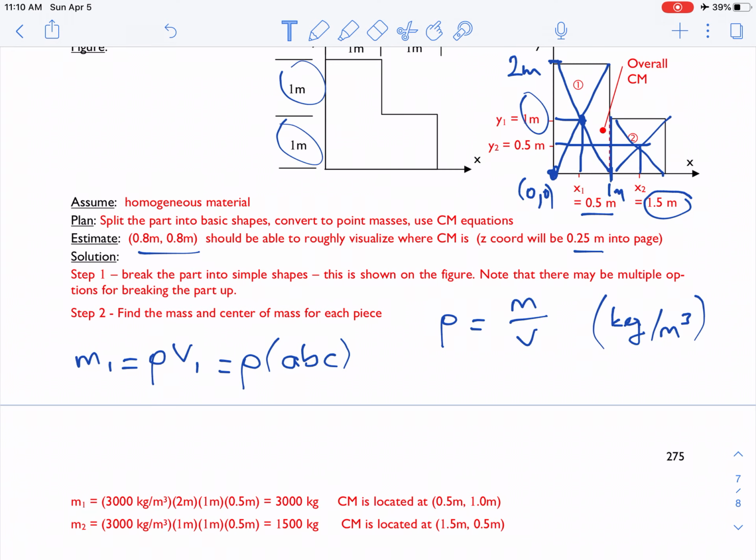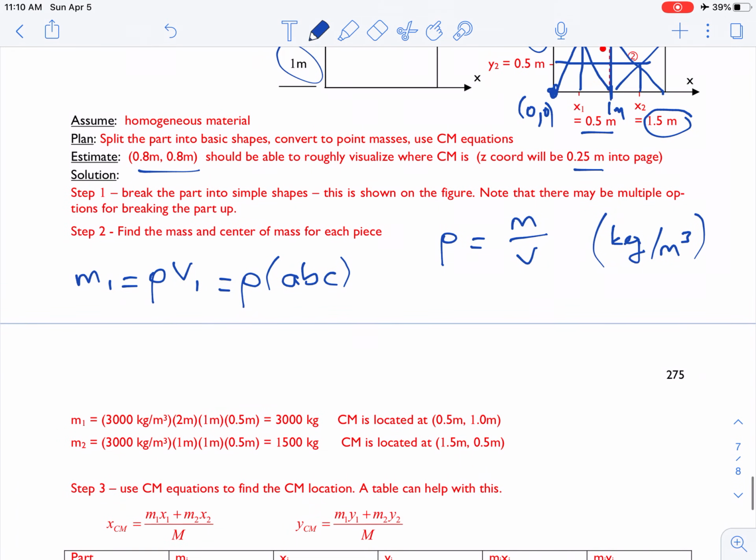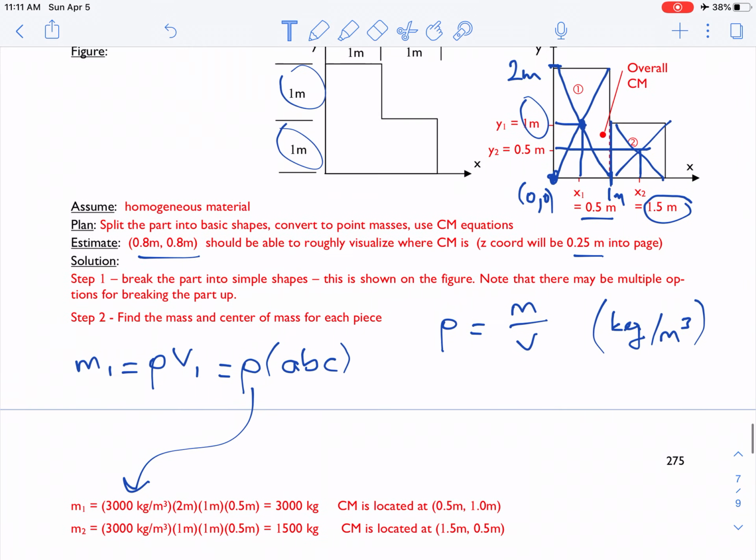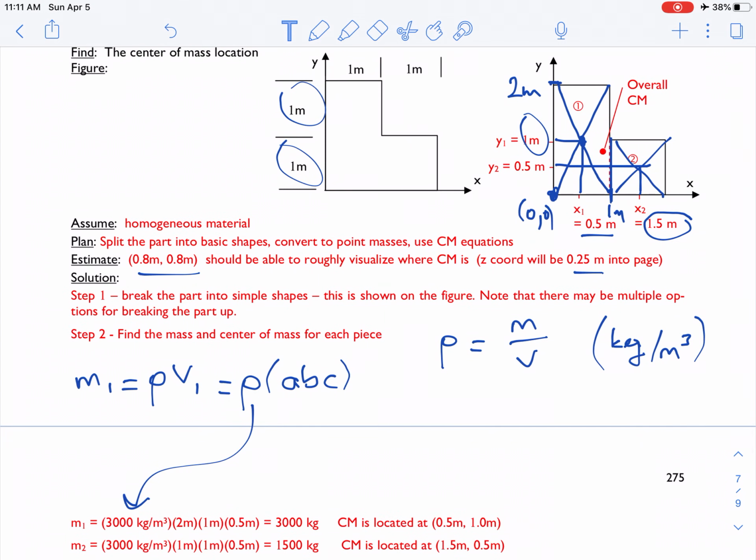And rho is the density. Again, this is our rho here, 3,000 kilograms per meter cubed. A, B, C are the side lengths; you can think of maybe X, Y, and Z. Here, for the first rectangle, 2 meters is the Y, the height for the first piece, times 1 meter. I'm focusing on the volume here, or you can call it V1.